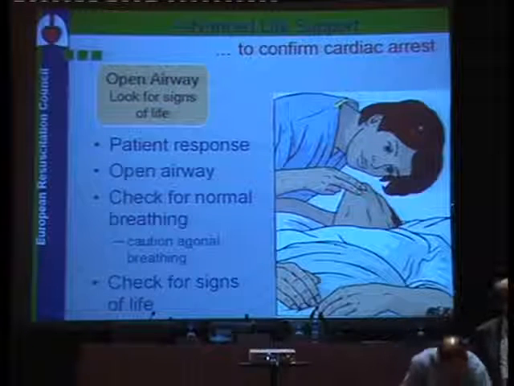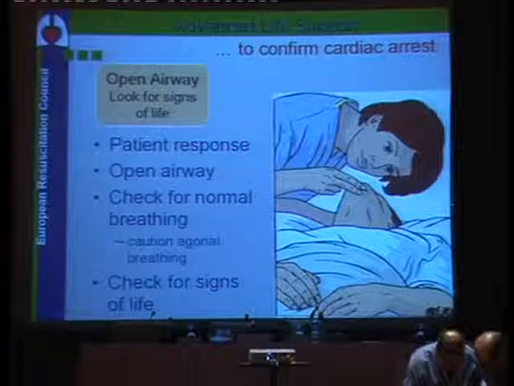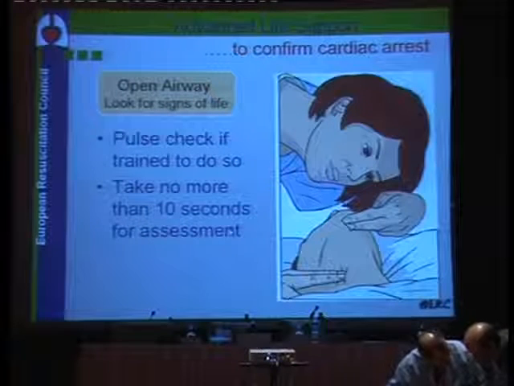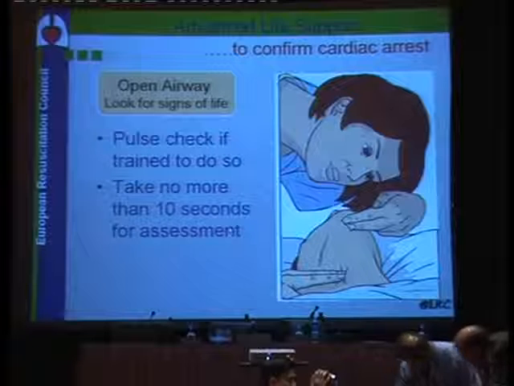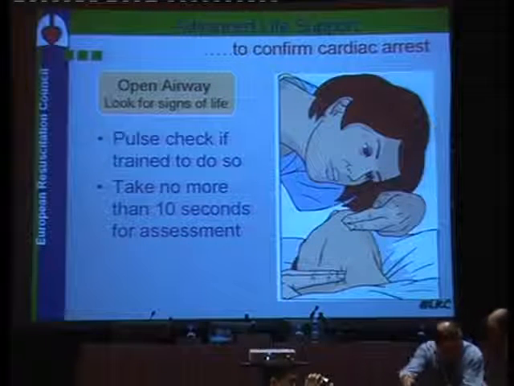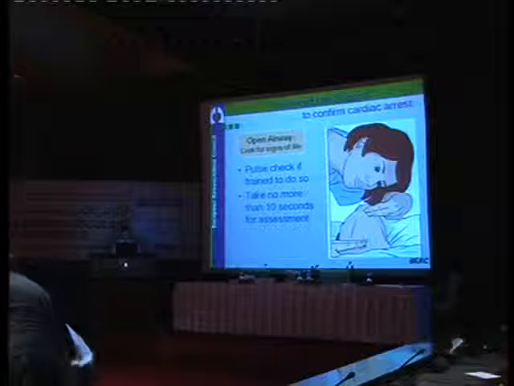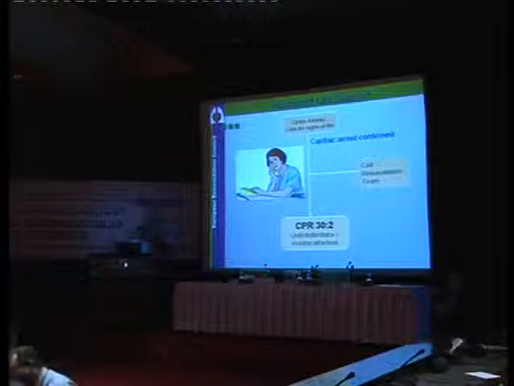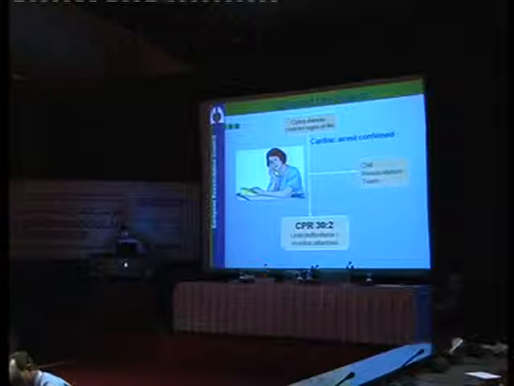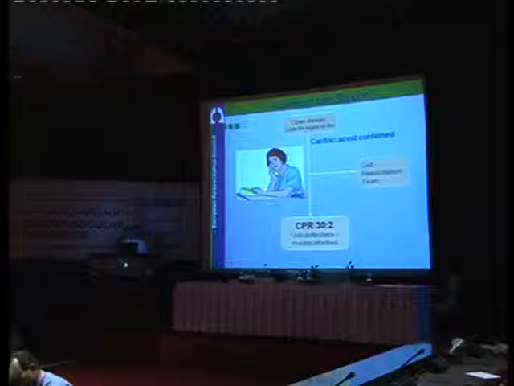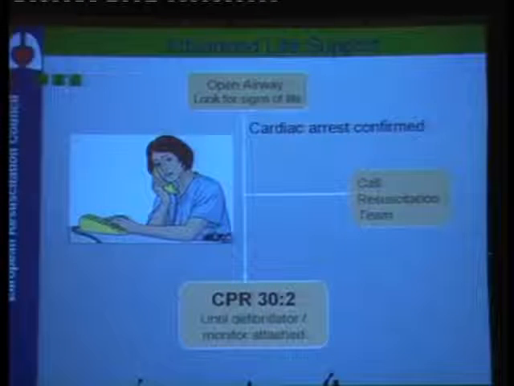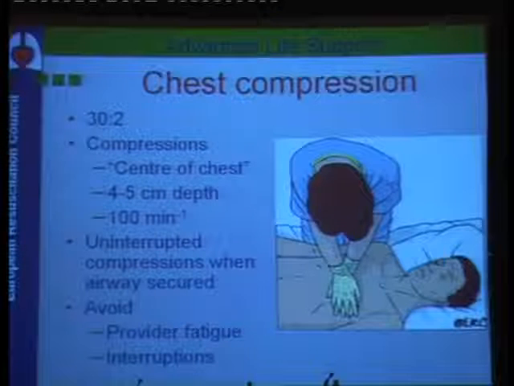So your patient is not responsive, you open the airway, and this is the way you check the breathing for 10 seconds. And if you have made the diagnosis, and you are a trained professional like all of you, then you can do both of these, checking the pulse and the respiration, in 10 seconds at one go. Once you have made the diagnosis of cardiac arrest, call for help. Shout for help, call for the cardiac arrest team, and start the basic life support, which is the cardiopulmonary resuscitation, chest compressions 30 and 2 breaths, and get the monitor.